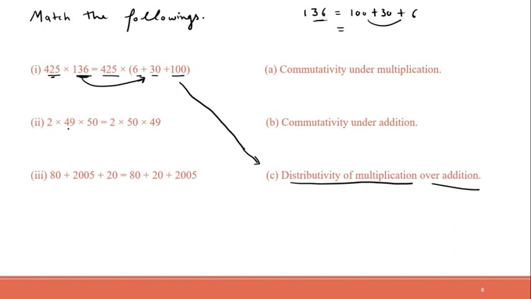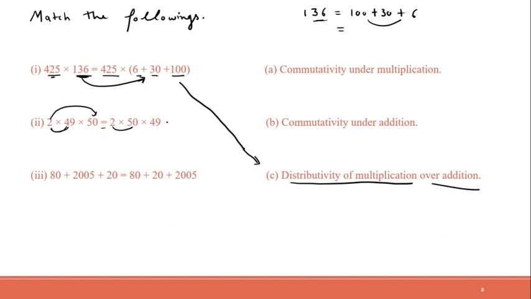Now here I have 2 into 49 into 50. That means it equals 2 into 50 into 49. This is what we have learned. We can either multiply these two numbers first, or we can multiply these two numbers first. So we can write it the way we want. This is the property of commutativity. We can commute the numbers in the order we want.